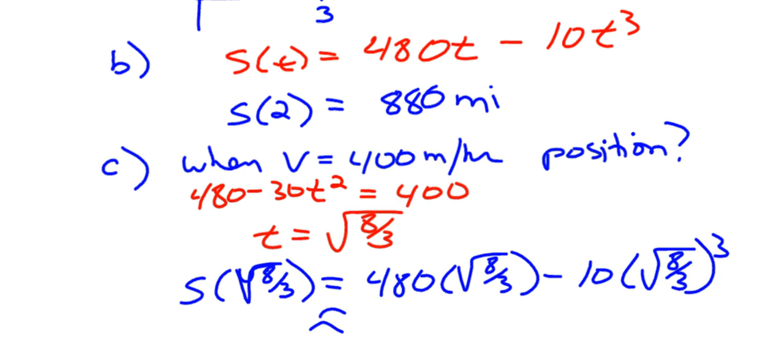And I get roughly that it's 740.29 miles from our initial starting position. That's our s position function evaluated at the time when velocity was 400 miles per hour.